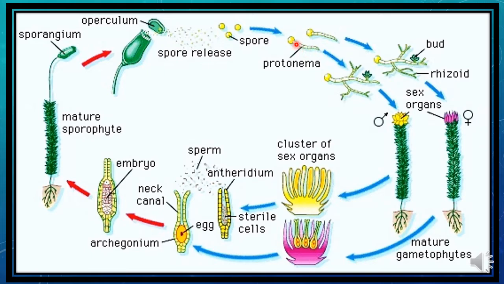The new gametophyte produced immediately after germination is called the protonema, that is a juvenile gametophyte, and this protonema gives rise to buds and rhizoids. These buds develop into a new leafy structure, and that is a mature gametophyte, and this mature gametophyte in turn gives rise to the sex organs, and this cycle goes on. So this is about the sexual reproduction in liverworts.